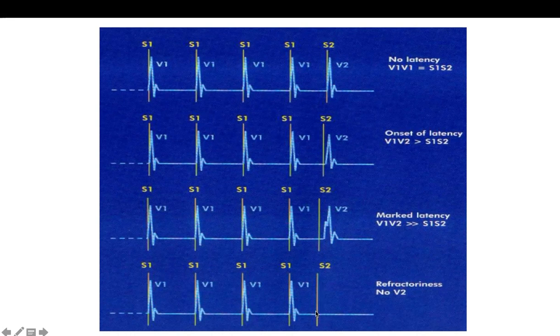Then the activity is not recorded here because we reached our refractory period. So this is the absolute refractory period, and this we call the functional refractory period, in which the last functional activity could be recorded before we could not record anymore after the stimulus.